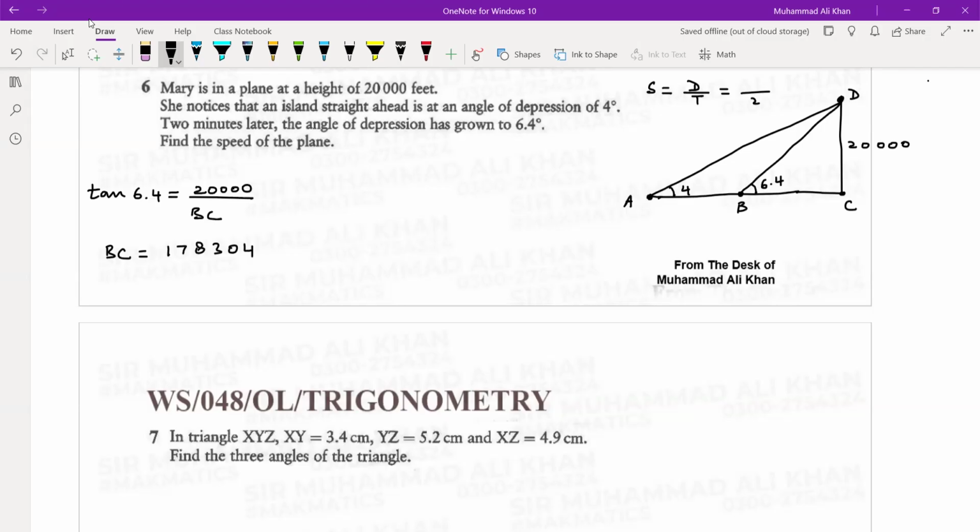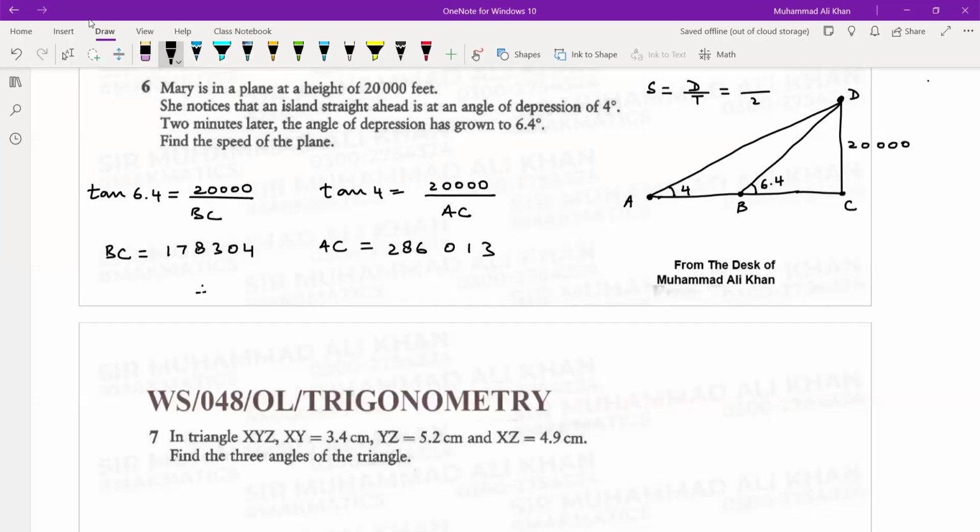Now I am calculating the length AC by using the big triangle. So tan 4 equals opposite 20,000 divided by AC. What is the length AC? 286,013.